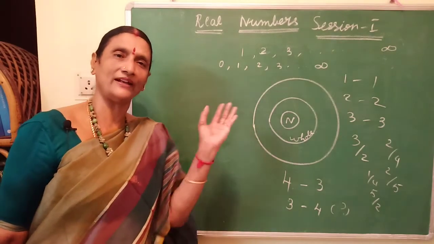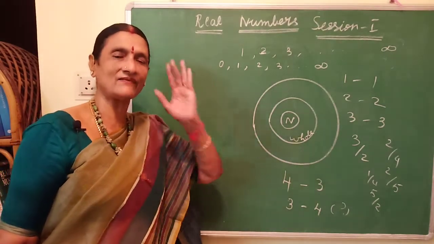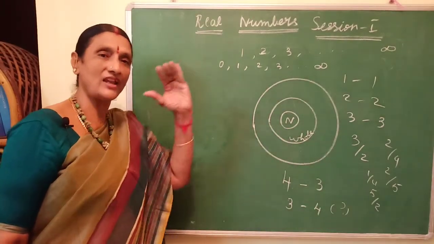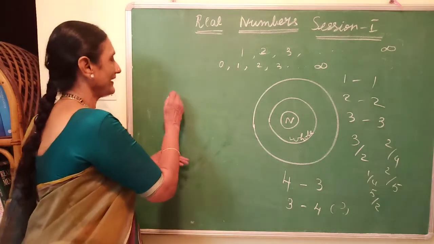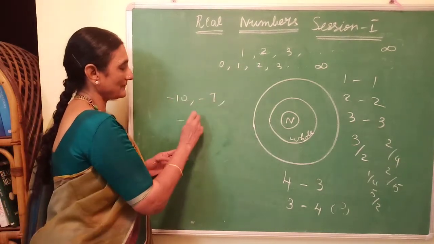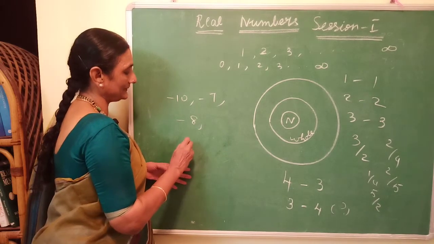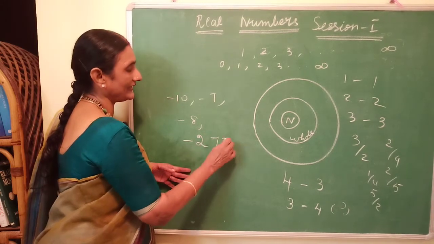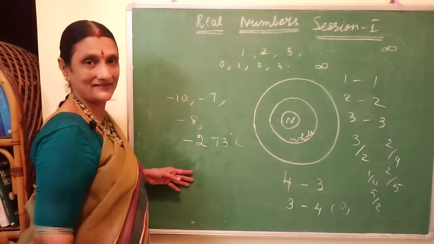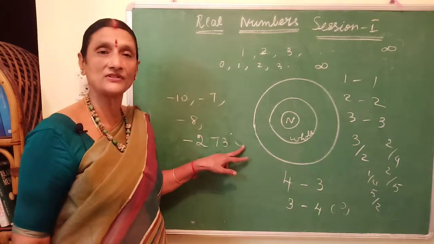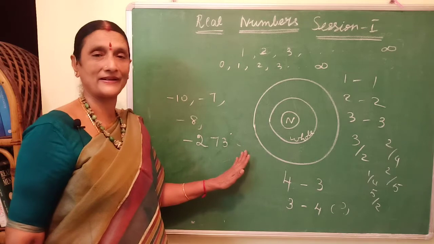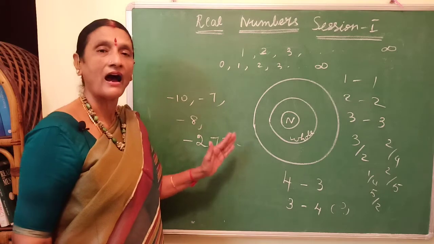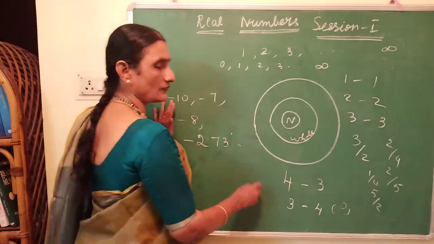From 0 to infinity, the numbers go on increasing, and from 0 to minus infinity, they go on decreasing, so that we are able to represent quantities like minus 10, minus 7, minus 8, or the absolute temperature of minus 273 degrees C in the absolute scale. This kind of representation became possible after introducing the set of integers.